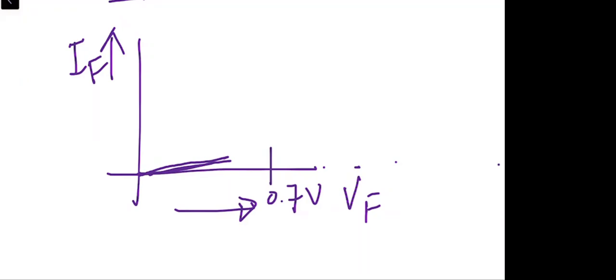Once we get to the barrier potential, after that a very large amount of current will be flowing across the diode, right? So the curve will be something like this. Let me just redraw it.